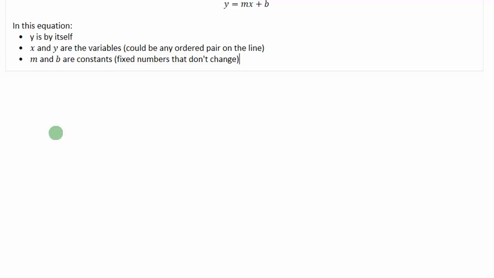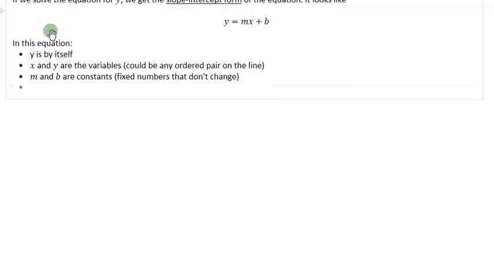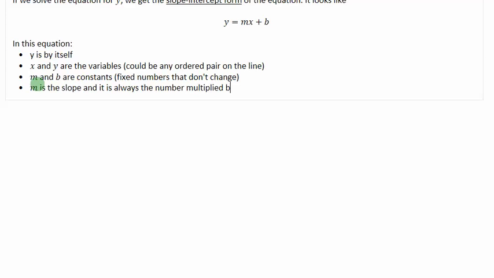Okay, so they are specific numbers. Usually, sometimes you have to figure them out. Sometimes they're given. It just depends on the example. All right, and as we already know, m is the slope. So in this equation, m is the slope, and it is always the number multiplied by x.